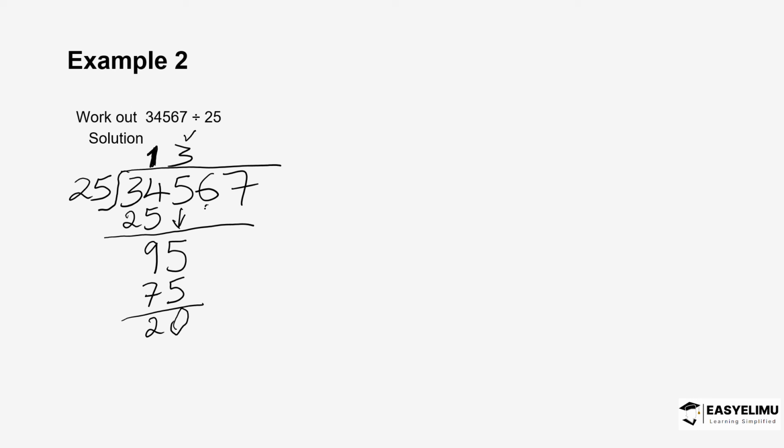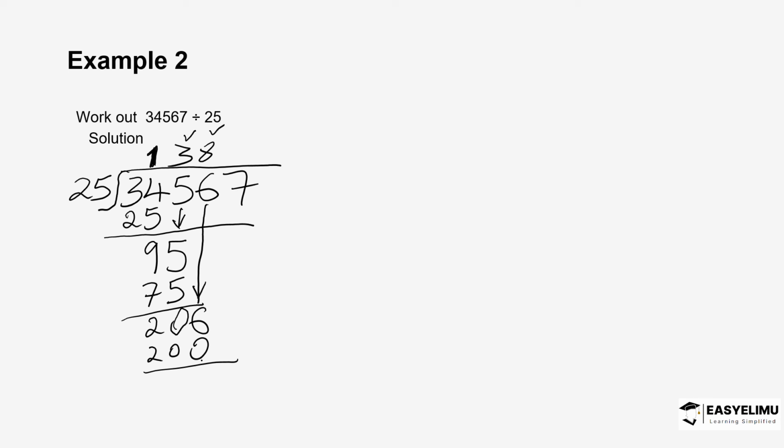Then now we have 6 dropped down here. So again, you ask yourself, 25 goes into 206 how many times? The result is 8, and 8 times 25 is 200.